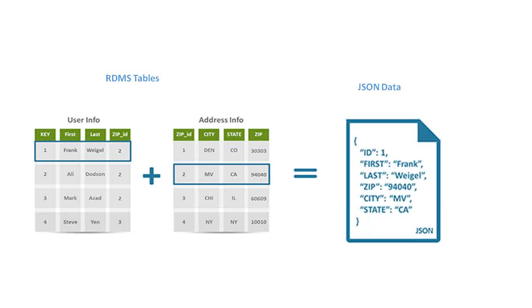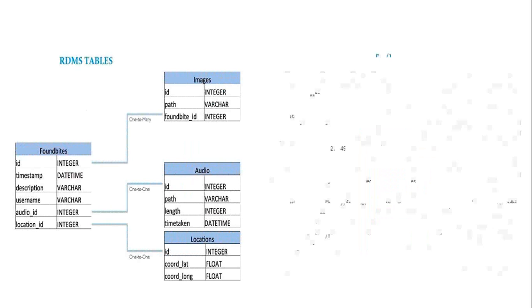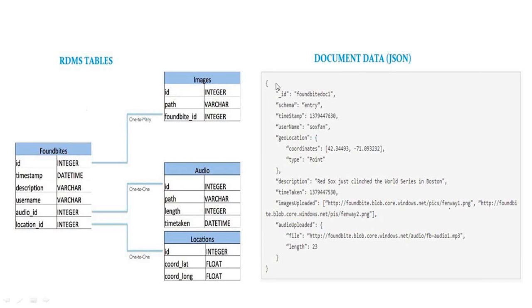Whatever the data is, we can store it as a document. Each record is called a document. This document can have different columns and different values if you want. This is an example of how we can show document oriented. Like this, we can store the data as key value pairs.